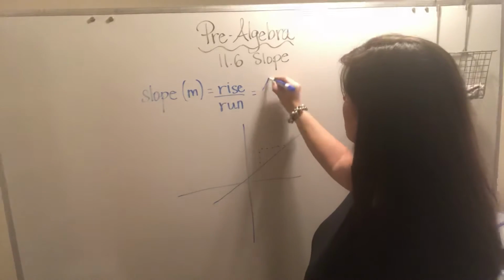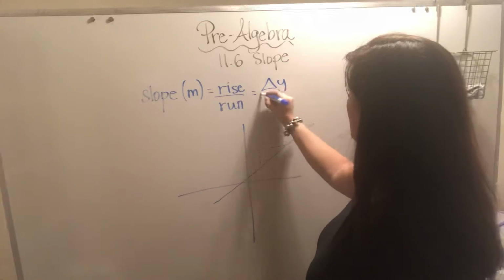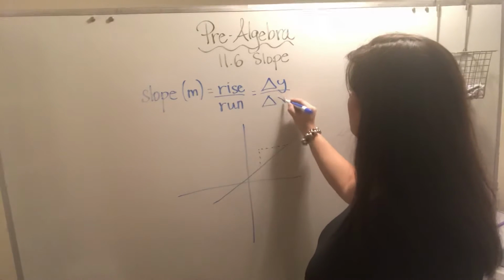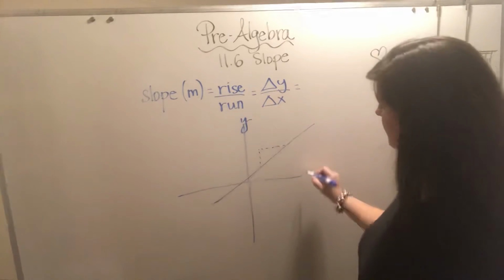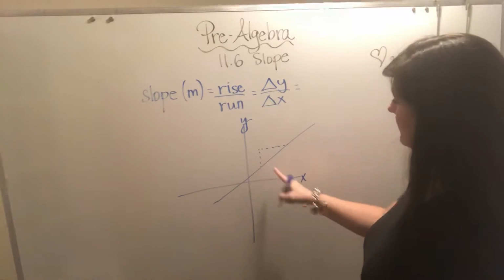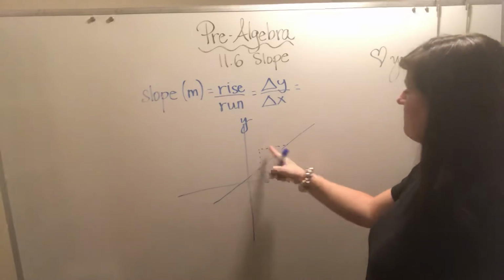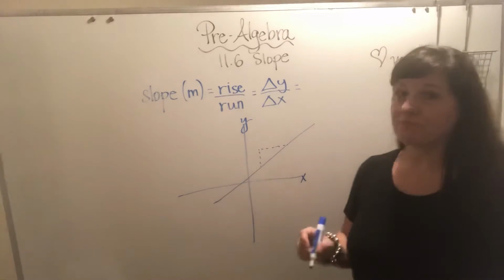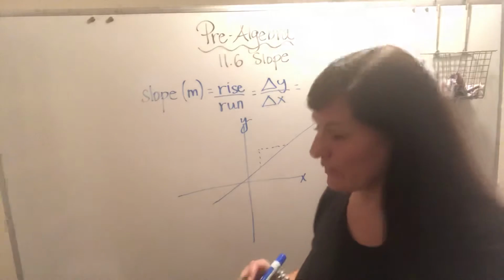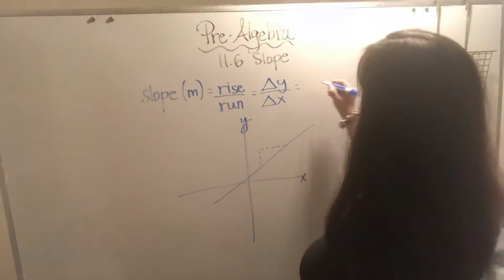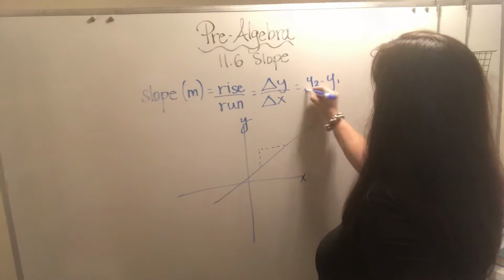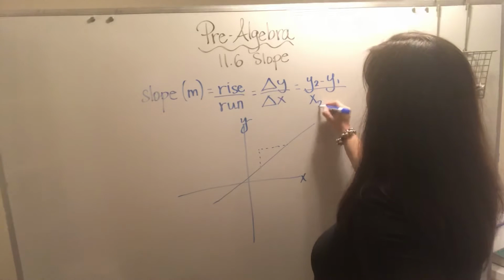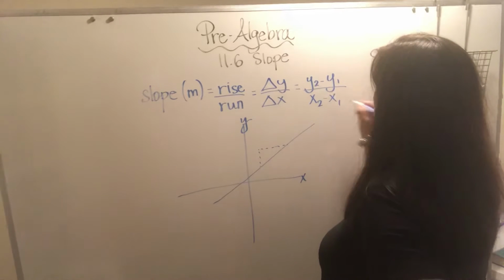So another way to talk about that is the change in y over the change in x. This being the y-axis, and the x-axis, the change in y over the change in x. This is where we get our formula for slope. So we're going to write our formula to find slope as y2 minus y1 over x2 minus x1.